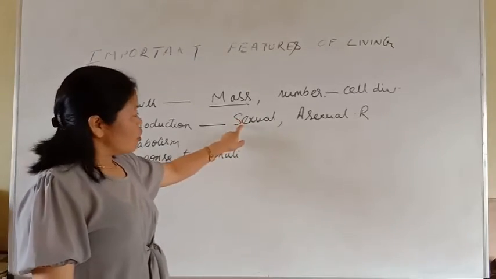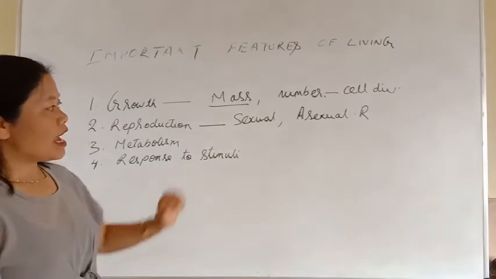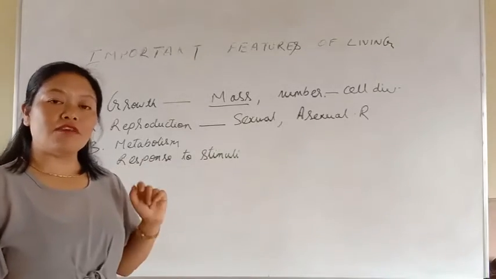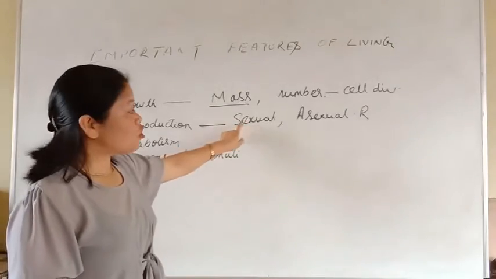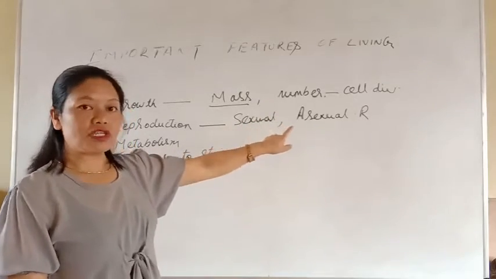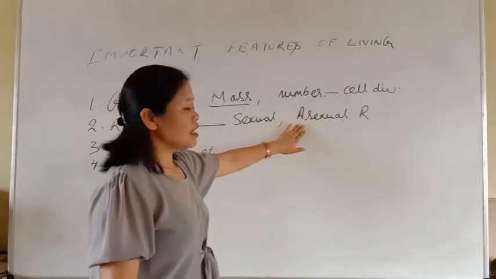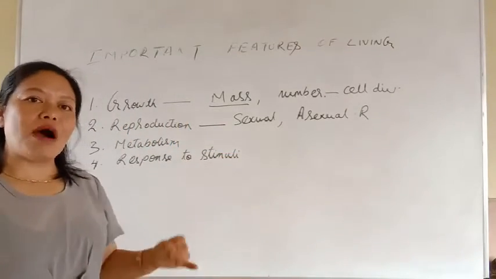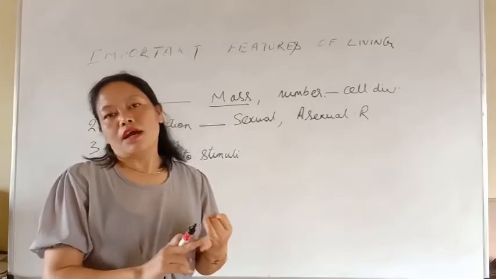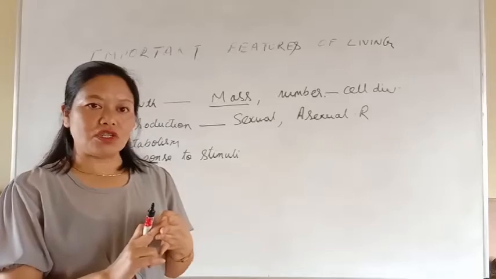Now, you all know that sexual reproduction involves two parents, and asexual reproduction involves one parent. Asexual reproduction takes place by various means: spores, budding, fission, and fragmentation.